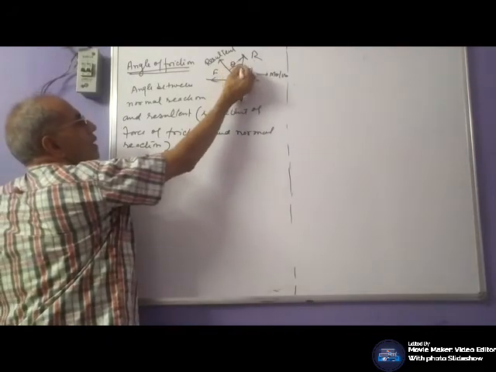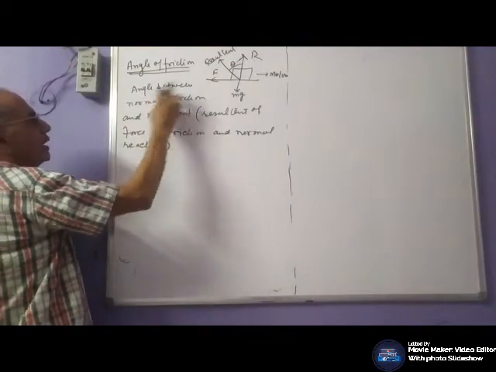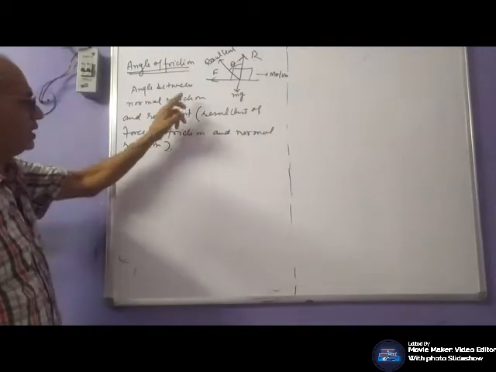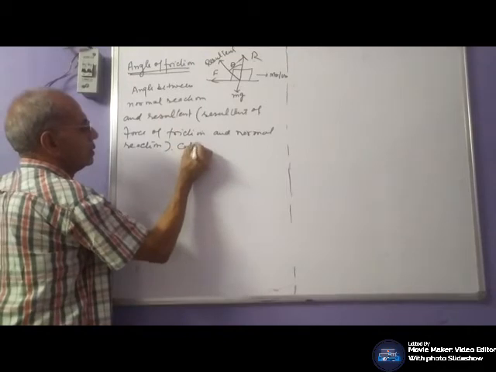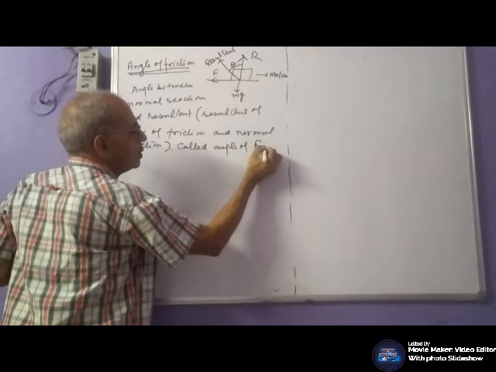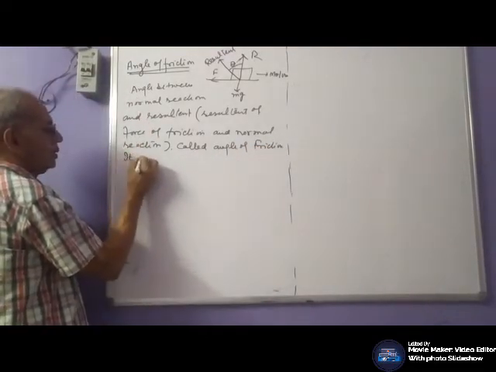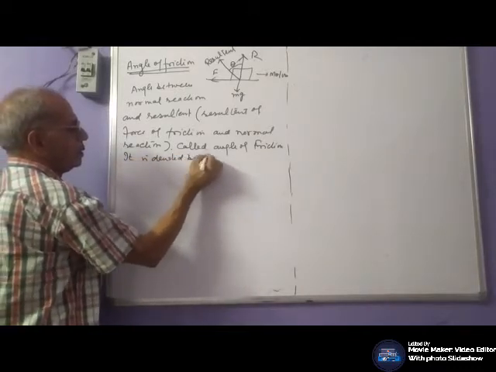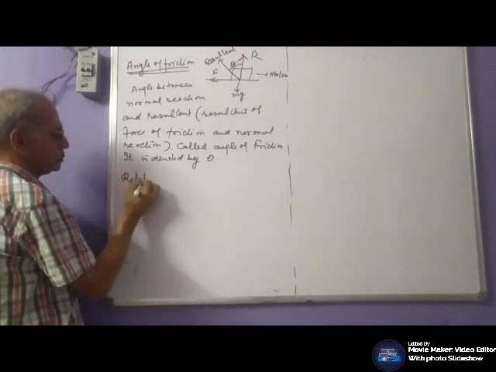So this angle is called angle of friction. Between this and this, same thing I have written, angle between normal reaction R and resultant. To explain the resultant, resultant is of this, called angle of friction. It is denoted by theta.